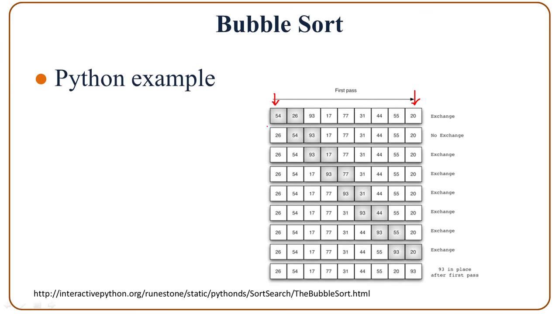So comparing 54 and 26, 54 is greater than 26. So here we switch the two elements. So now we have 26 in the first and 54 in the second position.